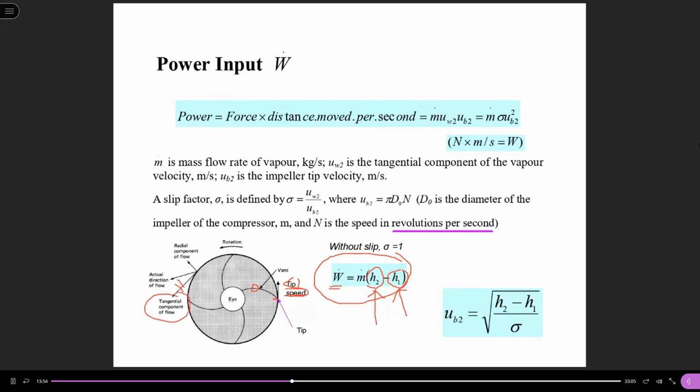However, the tangential component of flow velocity is valuable for the compression. Now let's have a look at how to calculate the power of the impeller tip, the work done by the impeller tip on the vapor.